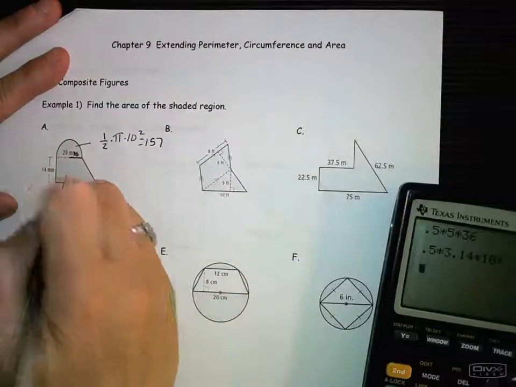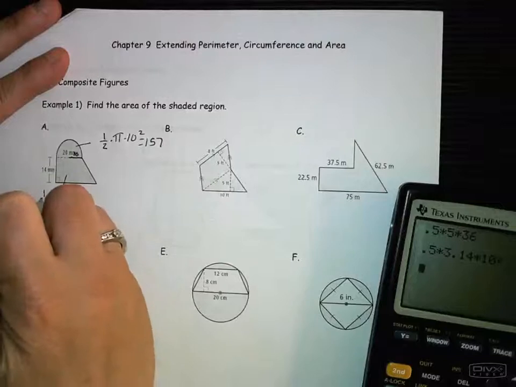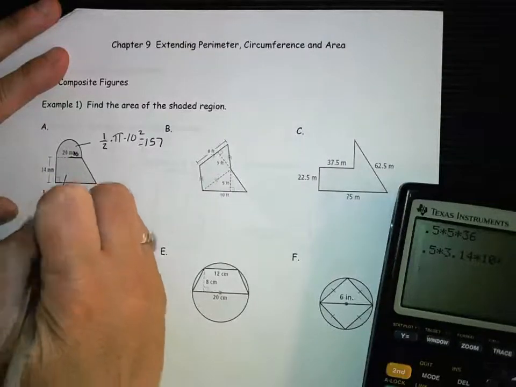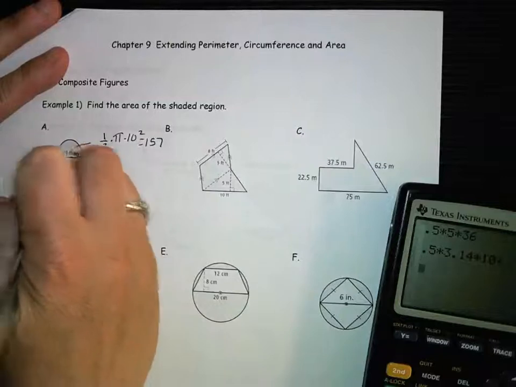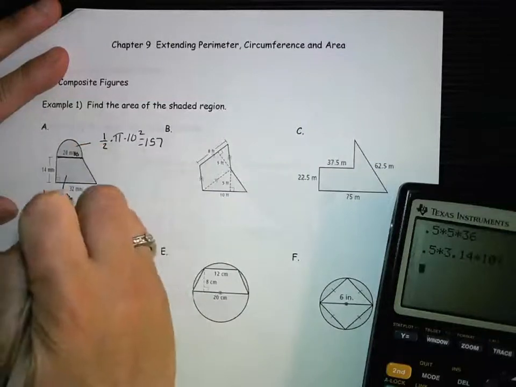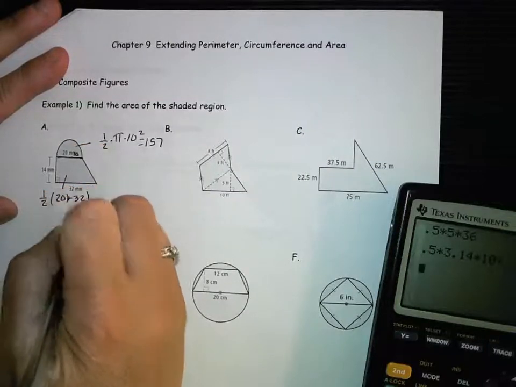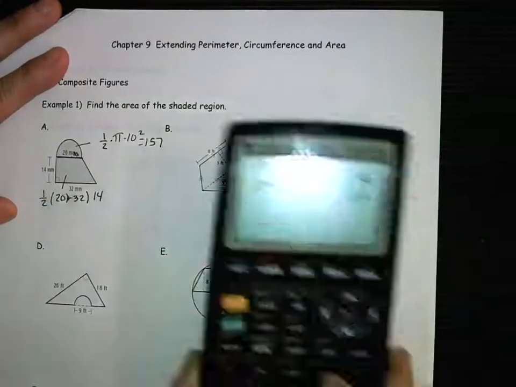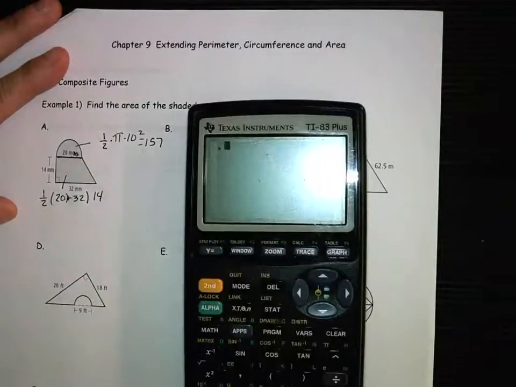This second part right here is a trapezoid, which is going to be 1/2 base 1. Top base is 20 plus base 2, which is 32, times the height, which is 14.